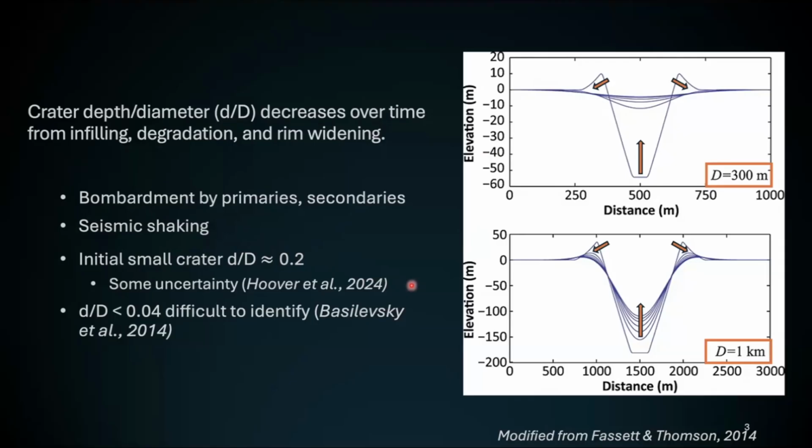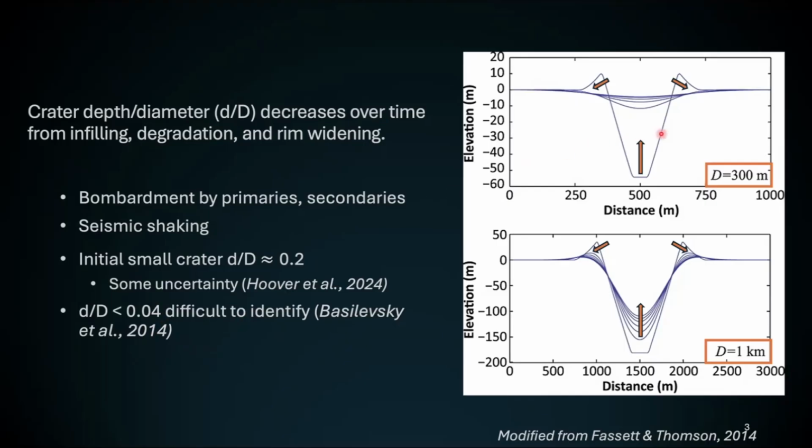So one thing that we did is to try to maximize the number of craters per geologic unit to increase the robustness of the statistical analyses. And then another number that's important for this work is 0.04, which has been put out in the literature as the point where a crater becomes too shallow to be identified in images.